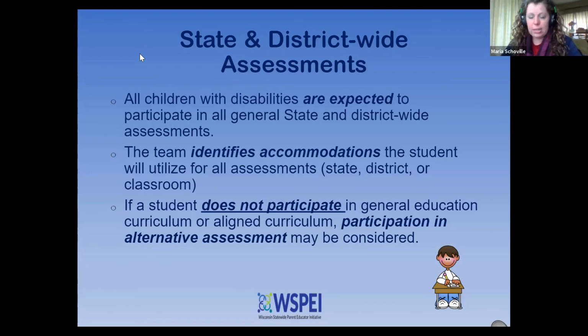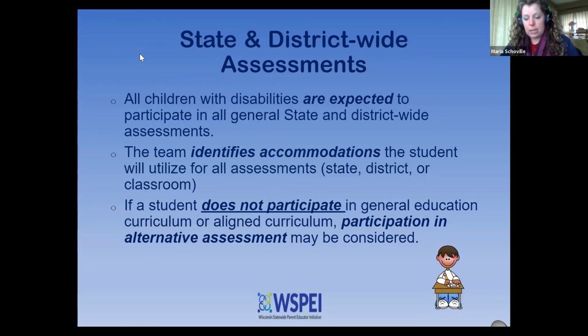For district-wide assessments, we'll talk about the civics exam that's required for all high school students. And anytime a student is taking maybe a STAR test or an NWEA test, that would be described on there as well. And all these forms would talk about the accommodations that they would use.